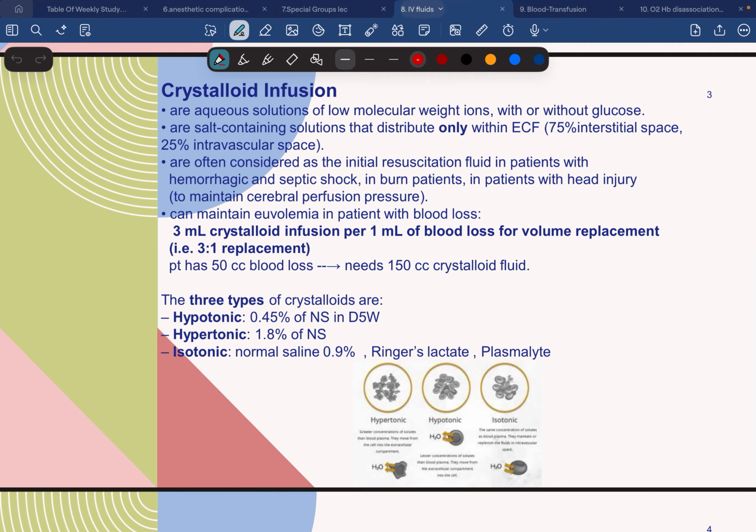So if you give it to manage hypotension, it's not enough. You need to replace each mL lost with 3 mL of crystalloid fluid, which might result in fluid overload in some patients who cannot tolerate very high volumes. So you need to watch out for that as well.